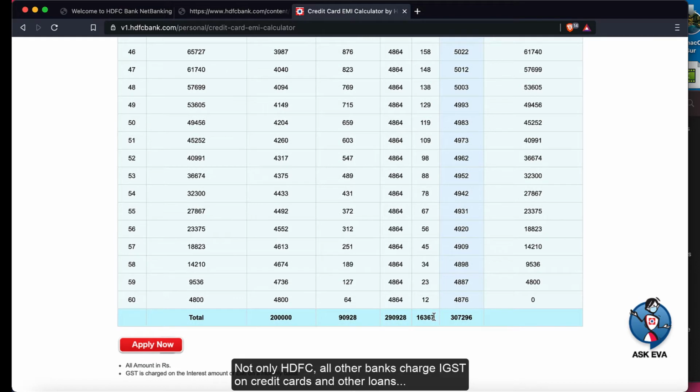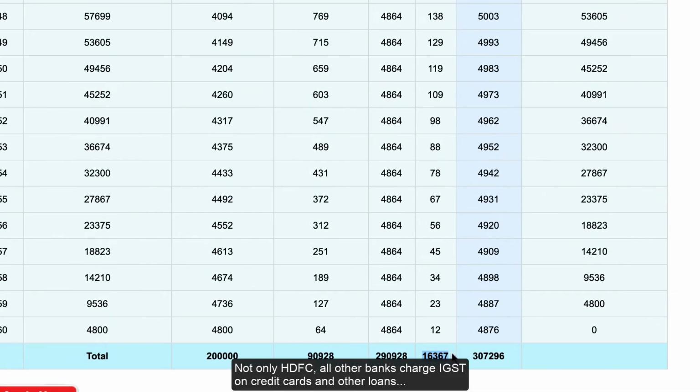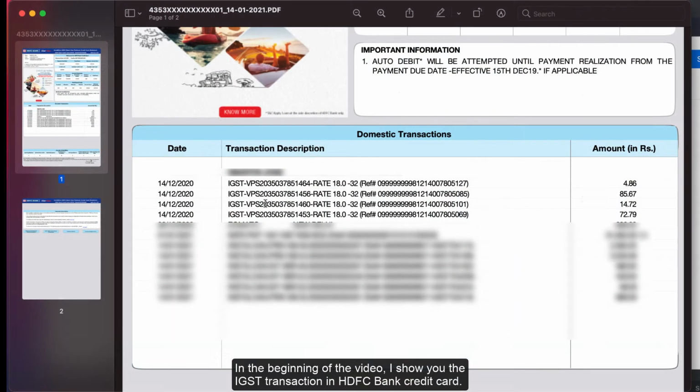Not only HDFC, all other banks charge IGST on credit cards and other loans. The only difference is in the terms used for marking the GST deductions. In the beginning of the video, I showed you the IGST transaction in an HDFC Bank credit card, that is IGST VPS followed by some numbers and then rate 18.0.